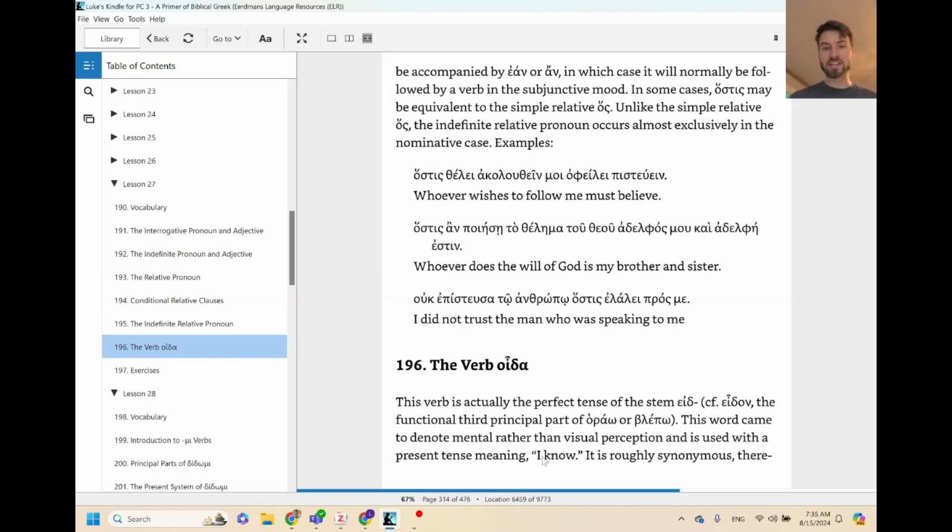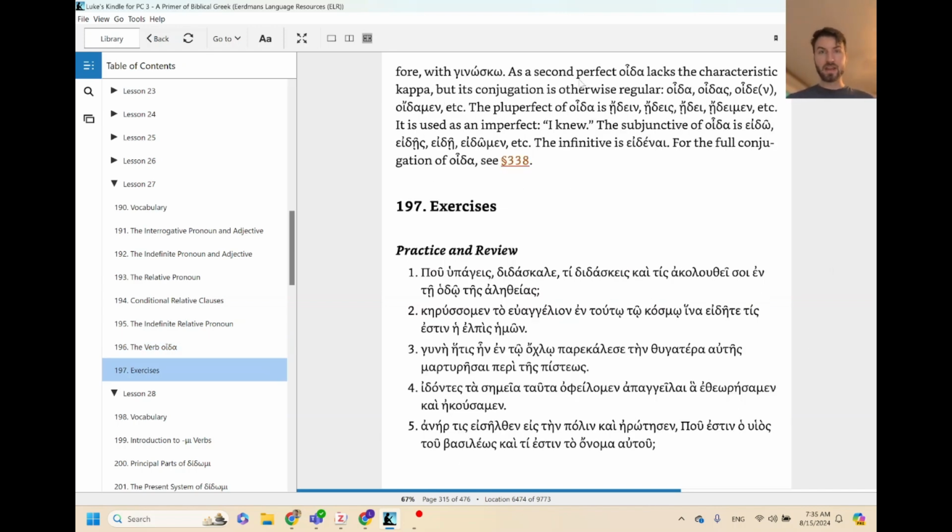So just translate it as I know, and then you'll see the pluperfect of oida, and you translate that as I knew. So this is just an irregular verb, and it's very common to talk about I know and I knew. So you'll get used to it as you read, but it will probably trip you up at the beginning here. Okay, and then that brings us to the end of the lesson. So, go to work.